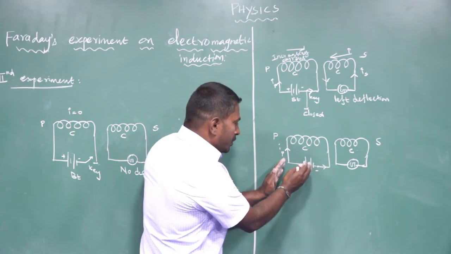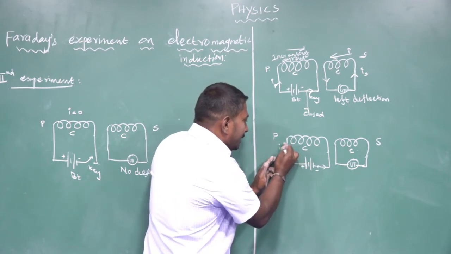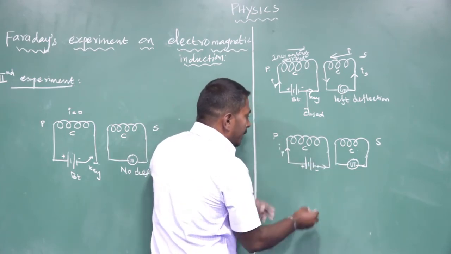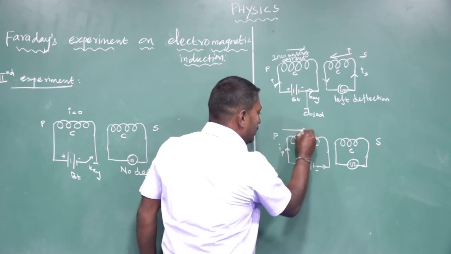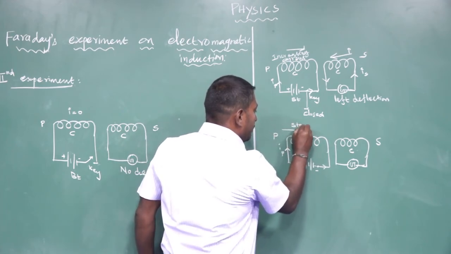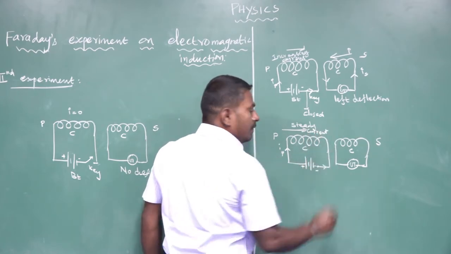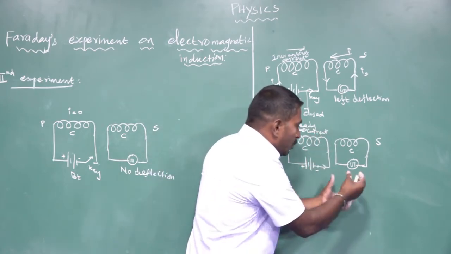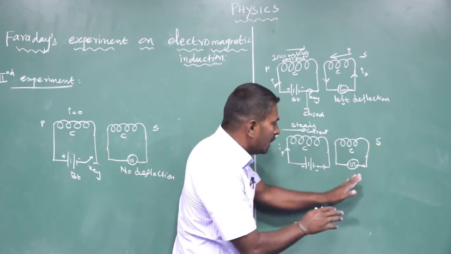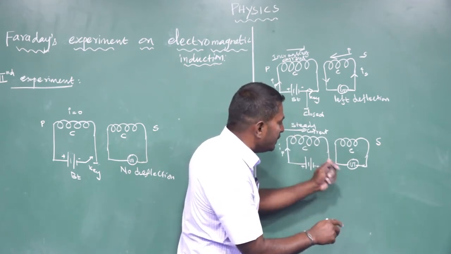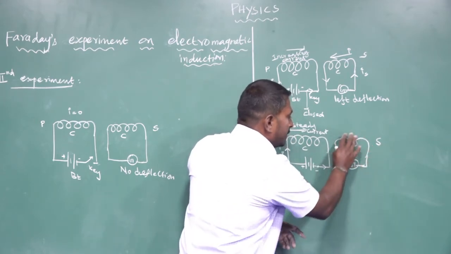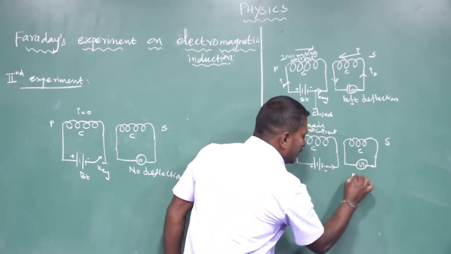In the primary closed circuit, the electric current reaches a steady value along this direction. At that instant, we notice the galvanometer does not show any deflection, which indicates that no electric current is set up in the secondary closed circuit.